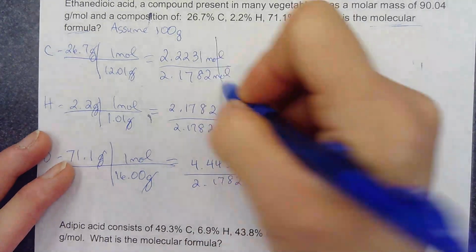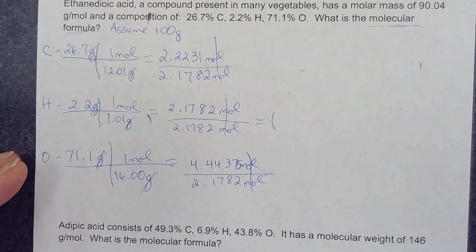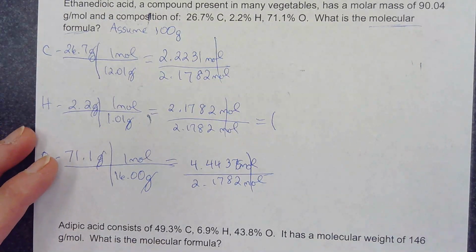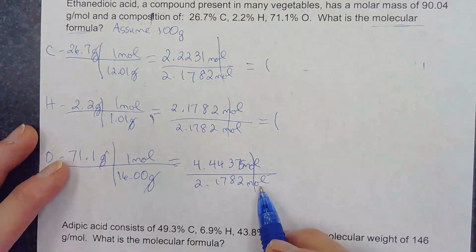So moles cancel every time. That means this one is 1, yes or no? And then what is 2.2231 divided by 2.1782? Is it within a tenth also of being 1? And then this one is what? 2.